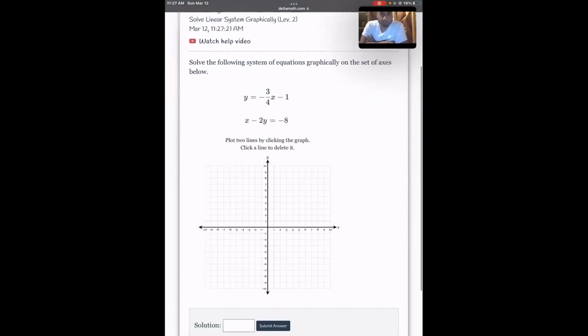Okay, first one, where's the y-intercept on the first? Where's the first dot on the first one? -1. Okay, so draw the dot. Okay, where's the second dot? We're going to go down 3 and to the right 4.